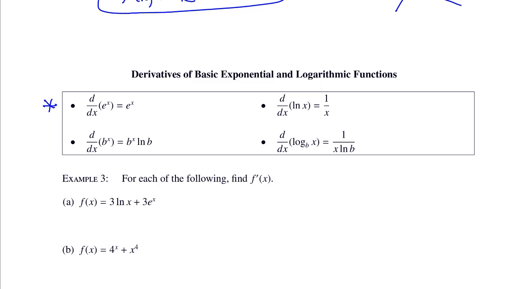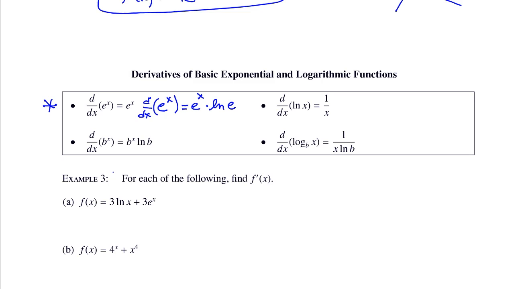So for example, let's say that I wanted to do the derivative of e to the x, but instead of using the e to the x rule, I use the very general base rule. Then the very general base rule says that the derivative is the base raised to the x times the natural log of that base, where the base is e.